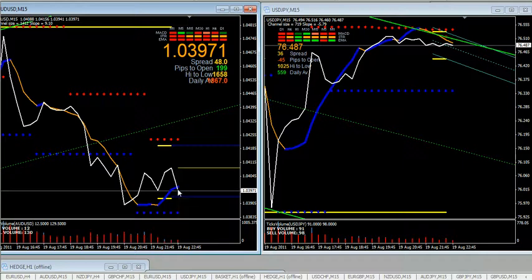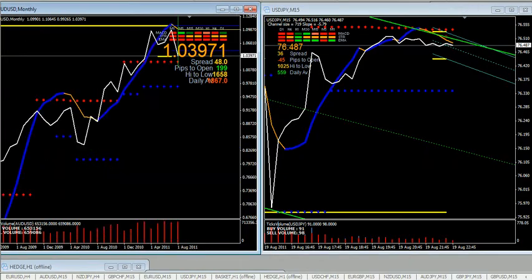So here we'll look at some points of the trend. Just simply here, the trend is down. If you put this on the monthly chart, you'll see the trend is down too. We don't need to even look at the price is below the LSMA.